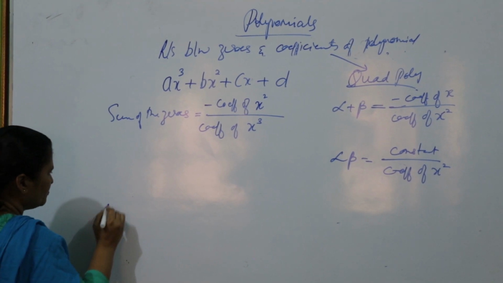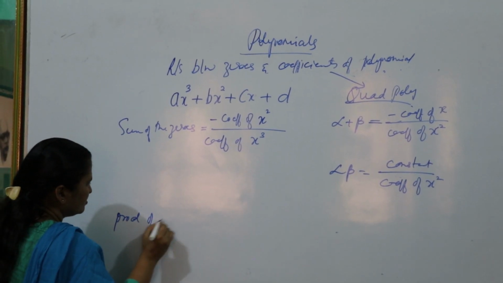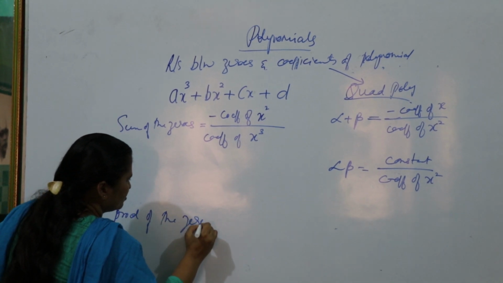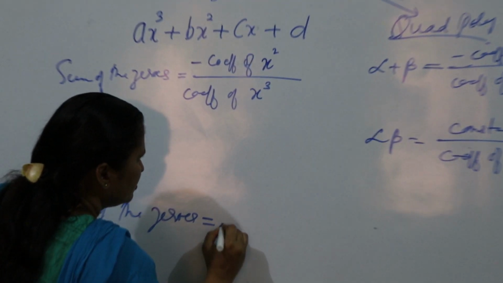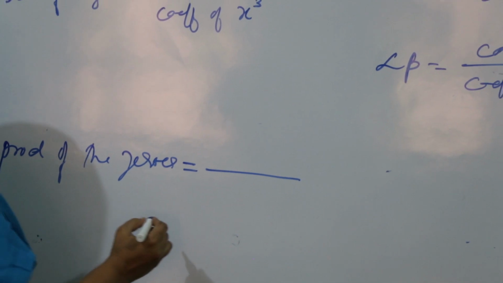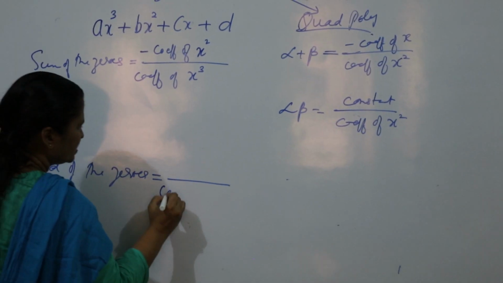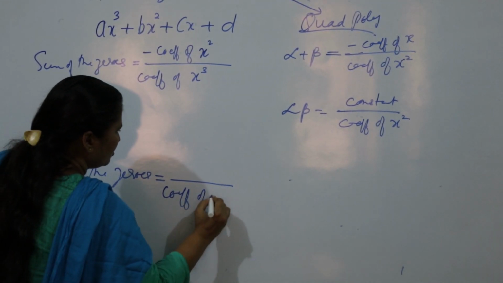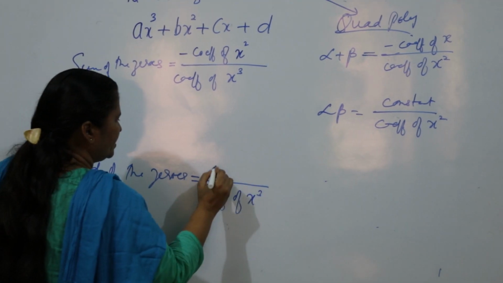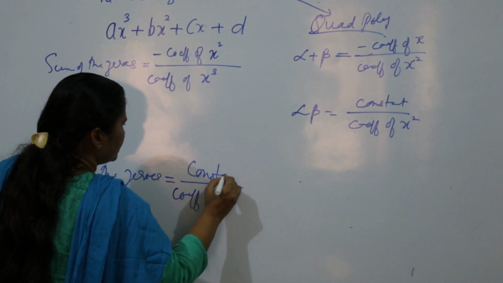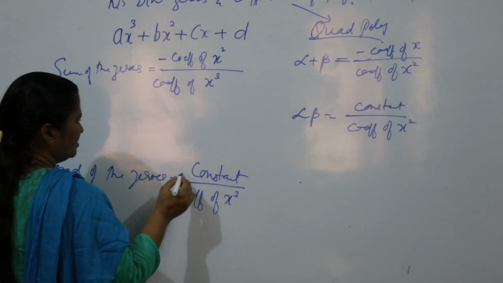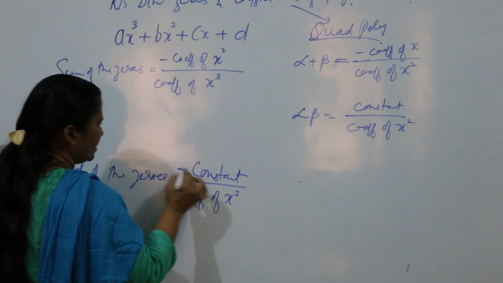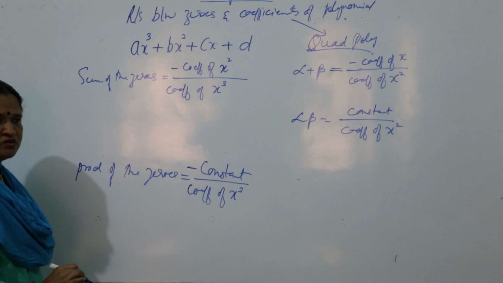And then the product of the zeros is equal to, the denominator doesn't change, coefficient of x cube, and it is constant. Only thing is here we take minus for this also.